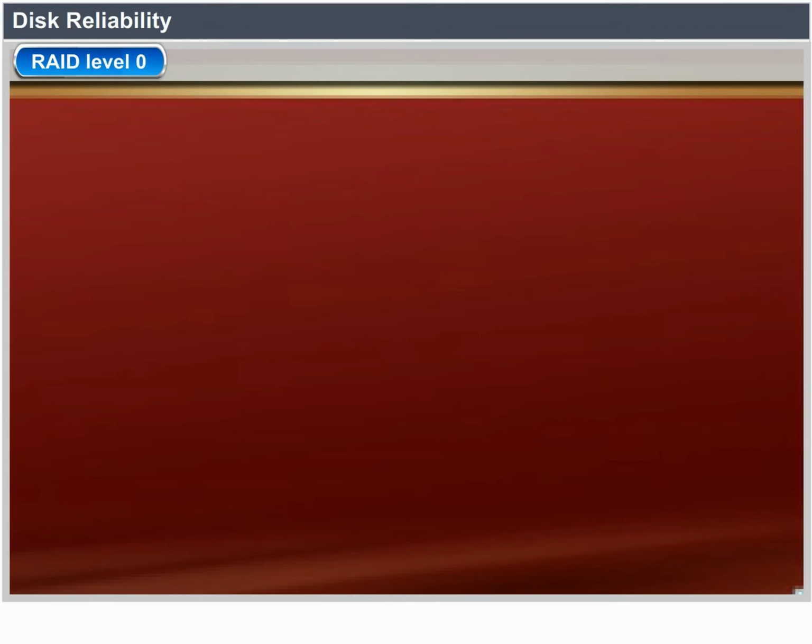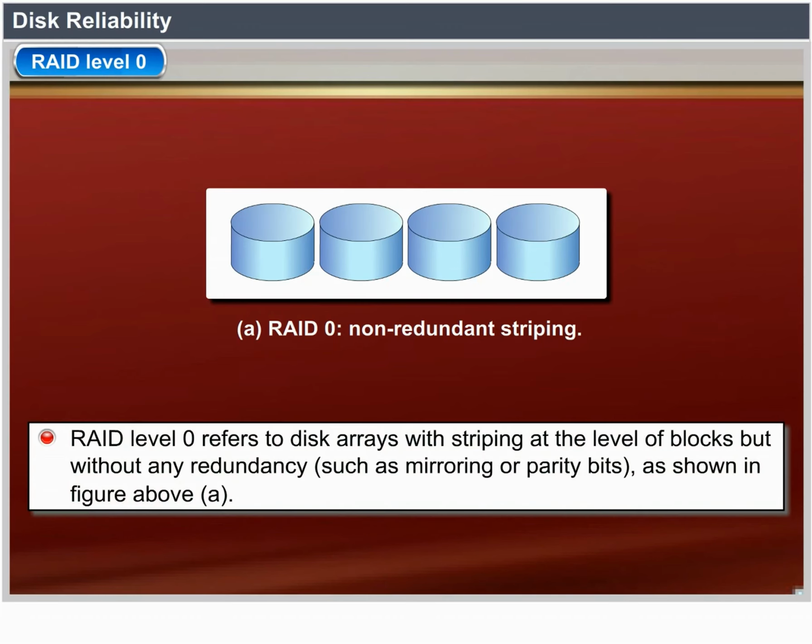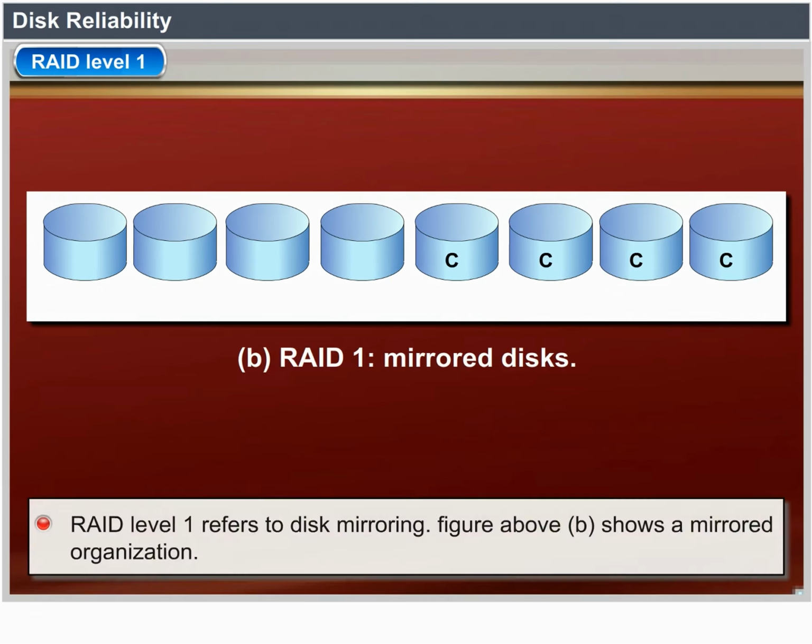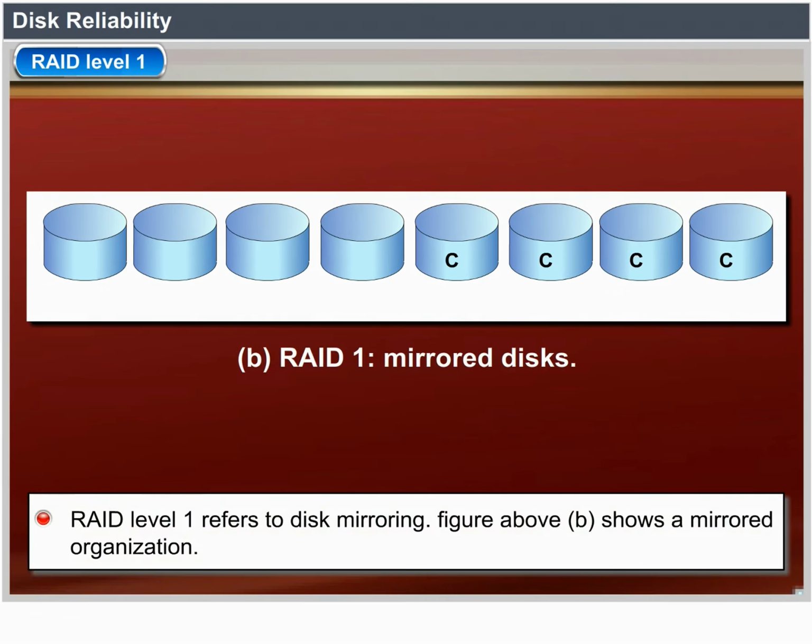RAID Level 0 refers to disk arrays with striping at the level of blocks but without any redundancy, such as mirroring or parity bits, as shown in figure above A. RAID Level 1. RAID Level 1 refers to disk mirroring. Figure above B shows a mirrored organization.